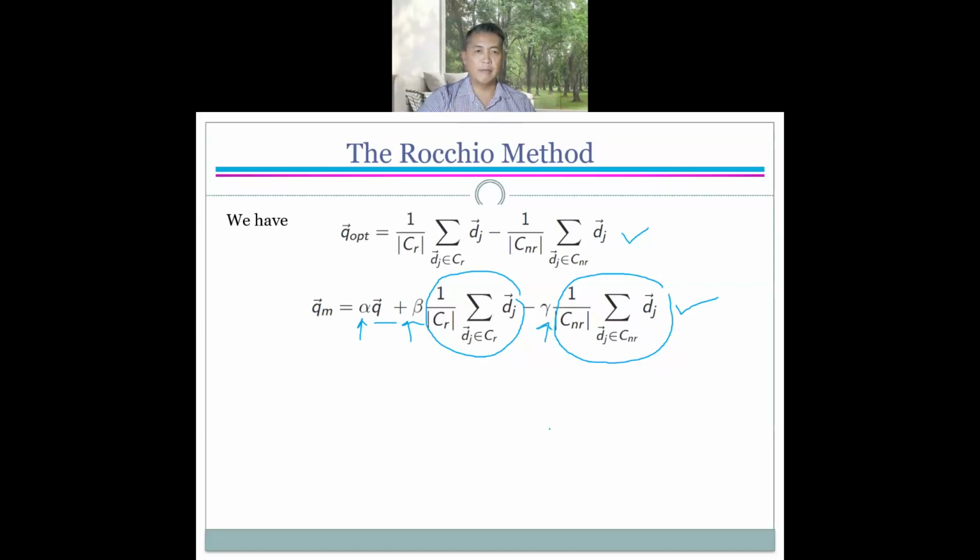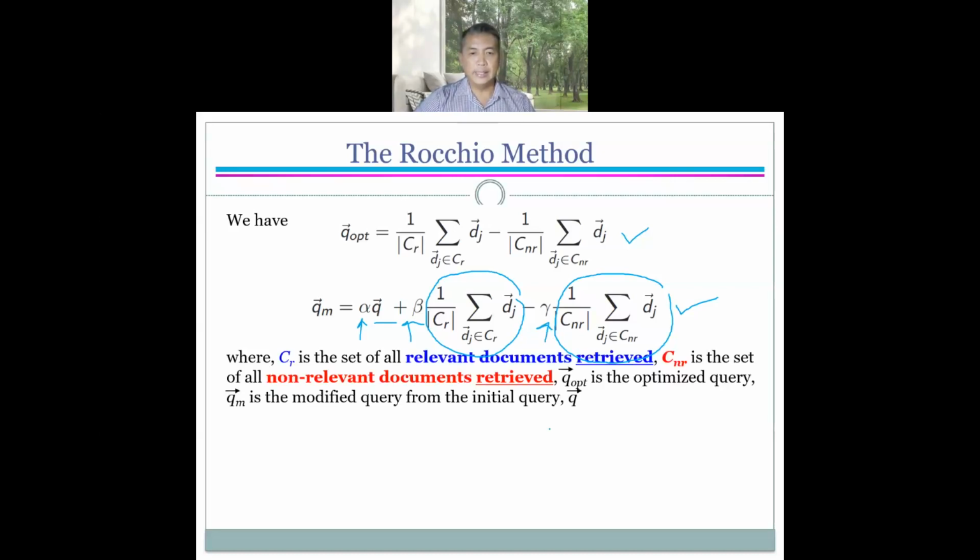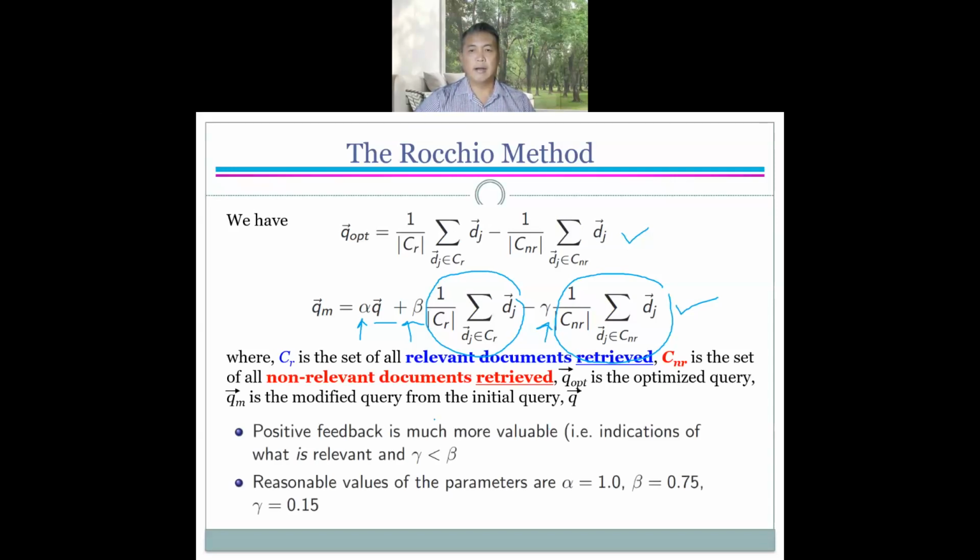Based on the research, they recommend that the value for alpha is 1, beta is 0.75, and gamma is 0.15. So we will apply this formula when it comes to the computation, or the application of the Rocchio method, in trying to adjust the weightage of the query.